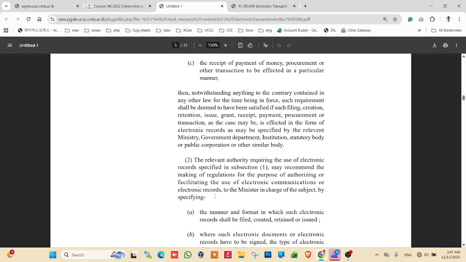So what does this say? Can anyone tell me, by looking at this, what is the main idea of this section 8?